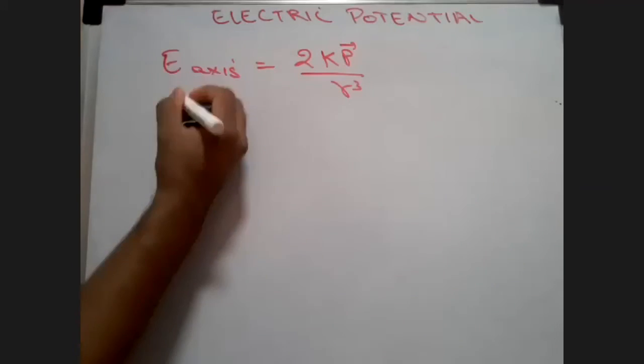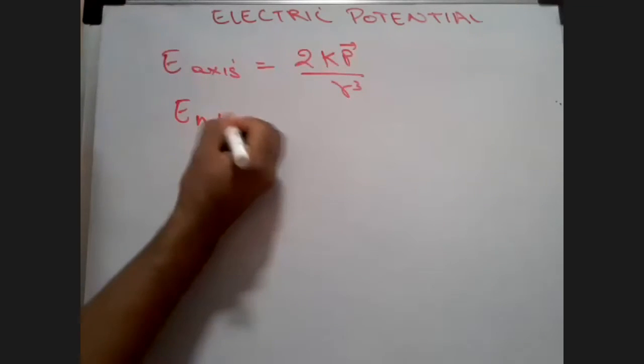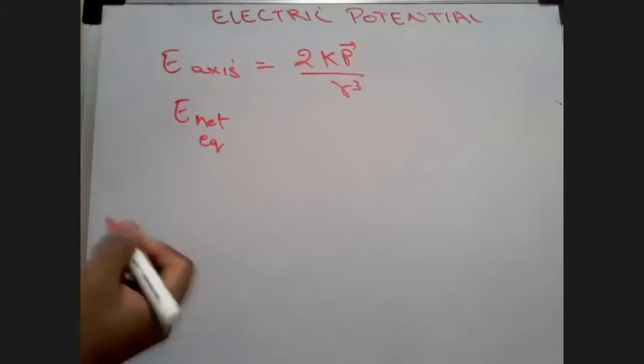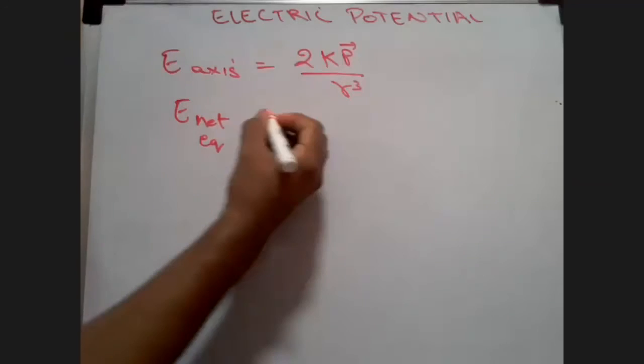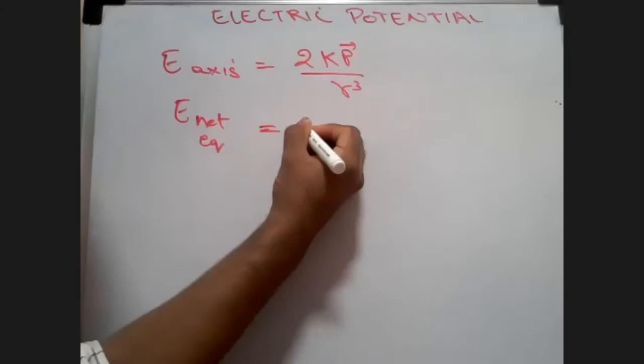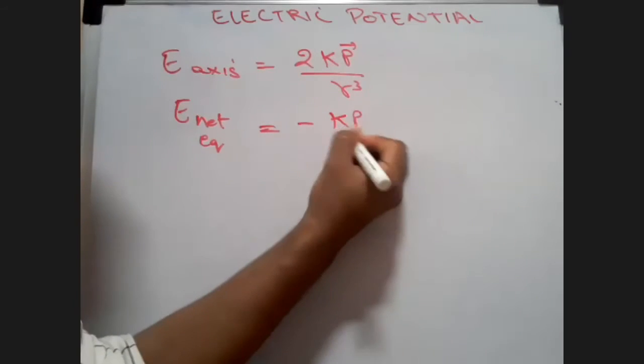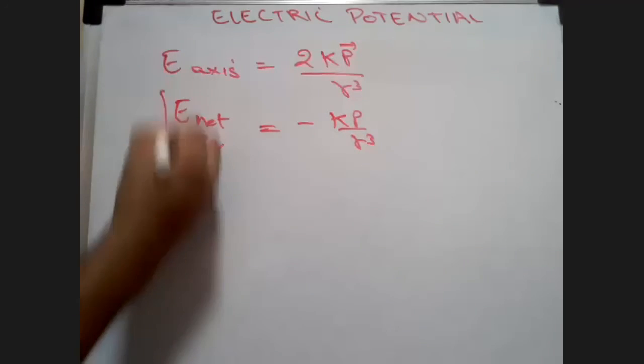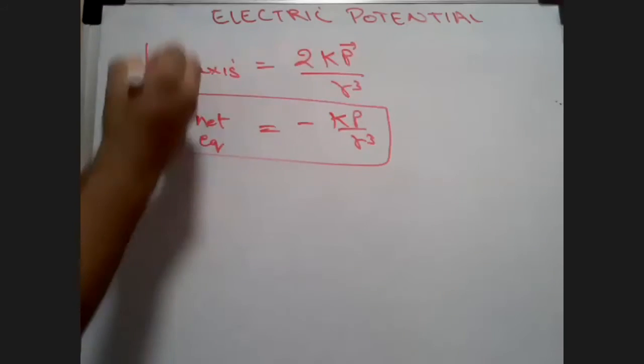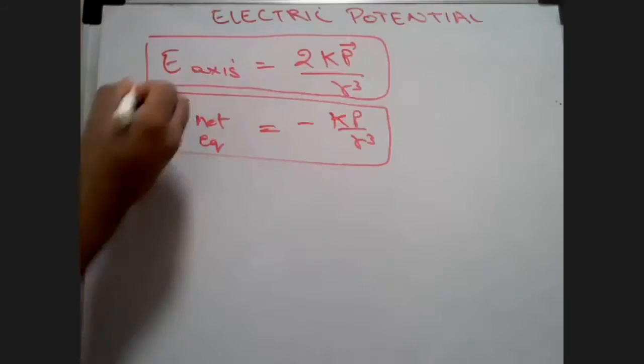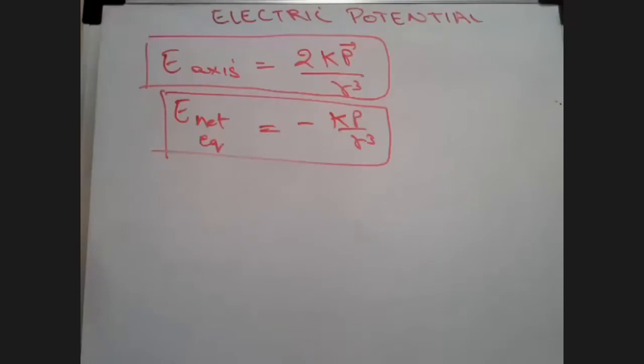And today's derivation is basically E net, or E equatorial, what you can call it. It is equal to minus Kp upon R cube. These two things should be very much in your memory. When I say very much in your memory, it simply does not mean to learn by heart. It means to start deriving, and then automatically it will come into your memory.